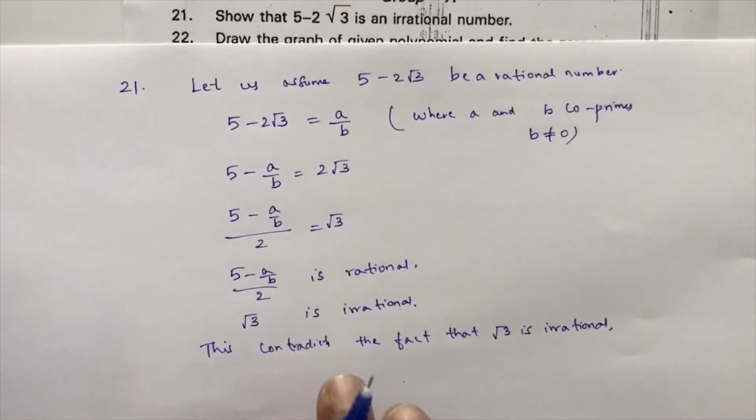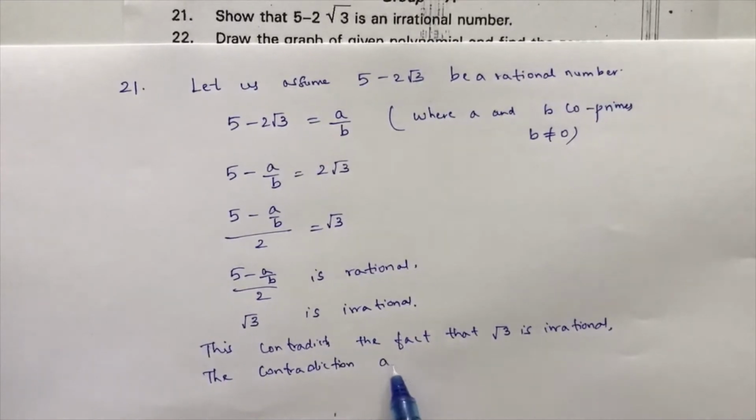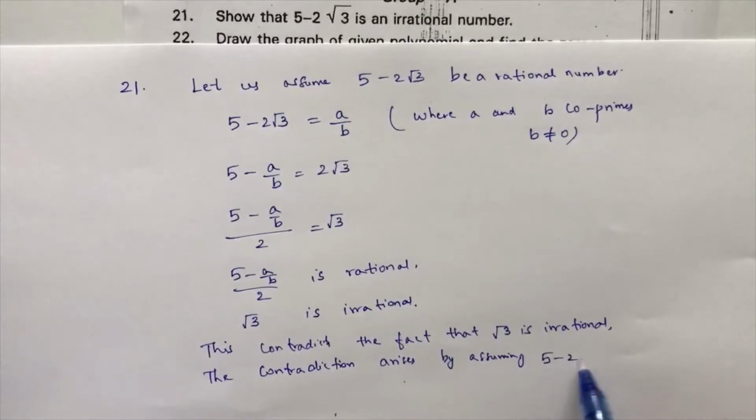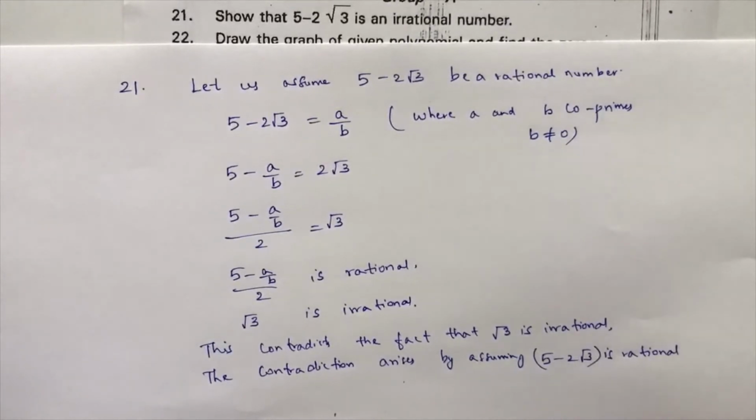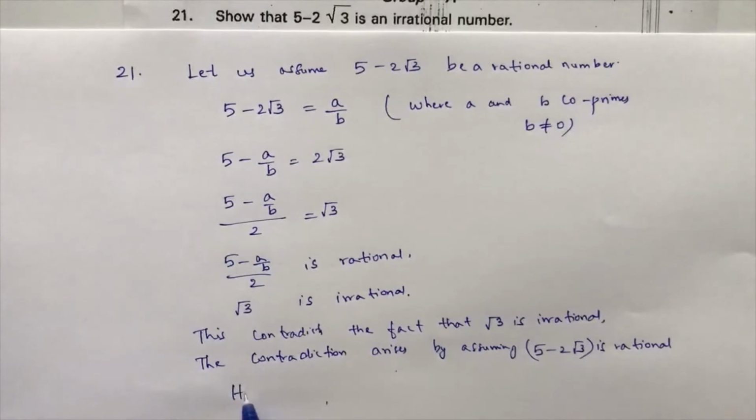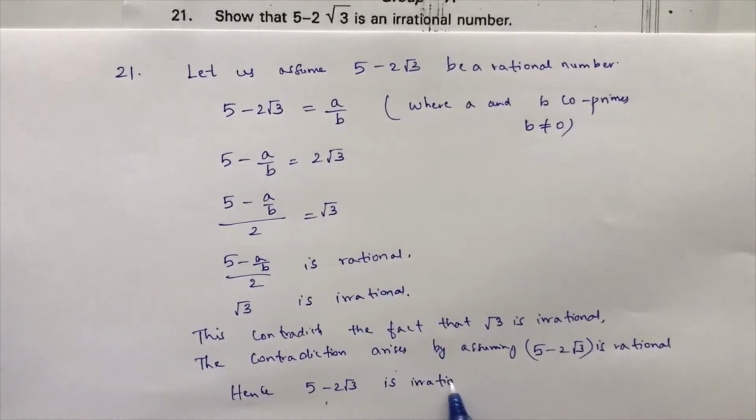The contradiction arises because we assumed that 5 minus 2 root 3 is rational. Hence 5 minus 2 root 3 is irrational. In this way we need to prove this.